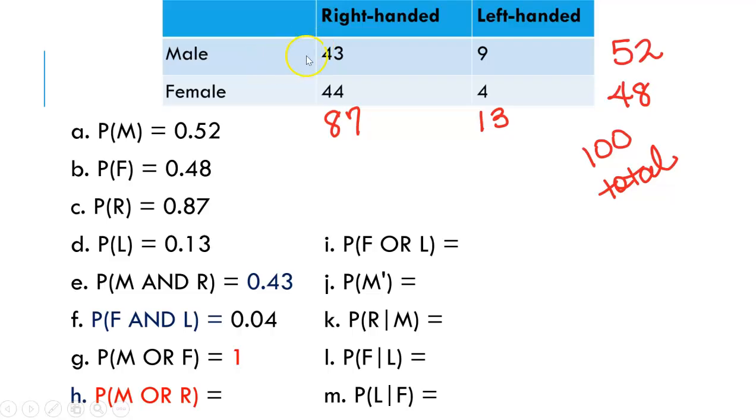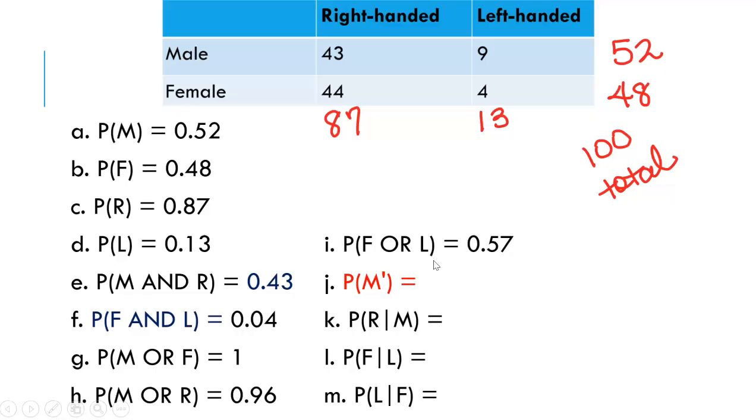So we're going to get all the males, which are 52, but then that didn't count the females that were right-handed because it says male or right-handed. So 52 gets all of the males, and then I need to add this 44 to it to get the other right-handed. Female or left-handed. So females would be 48, and I've already counted the left-handed females, so I just need to add the left-handed males. So I would do 48 plus 9 to get 57.